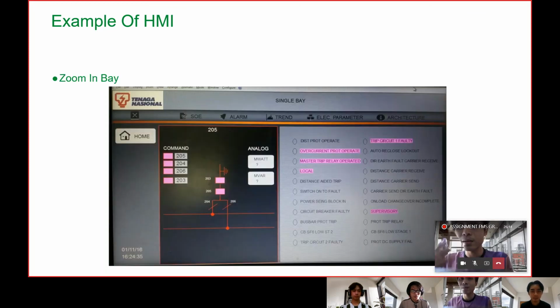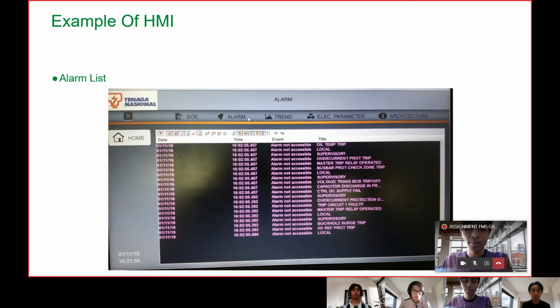And then this is the zoom in bay display from TMB. Then for the last one, this is the alarm list by TMB too.